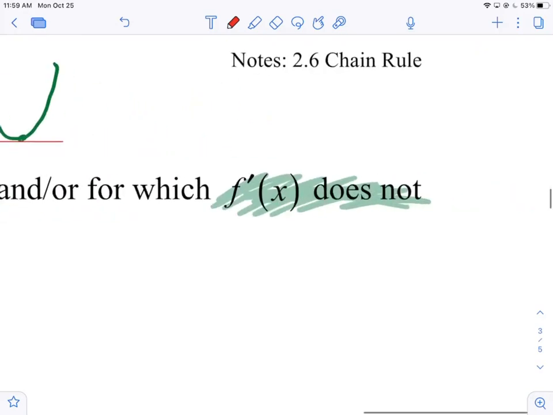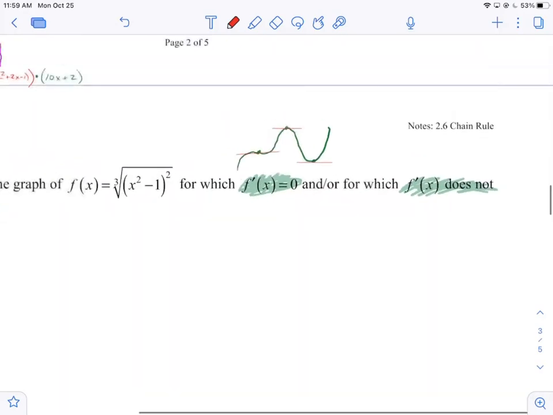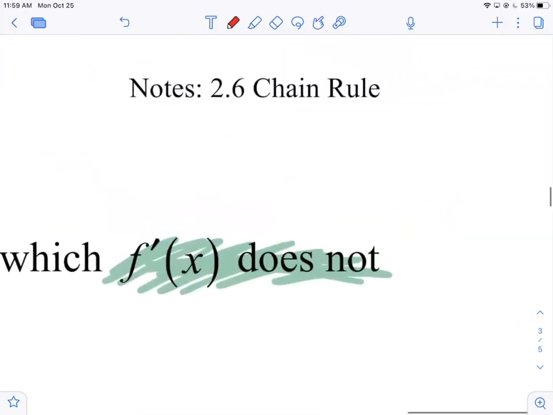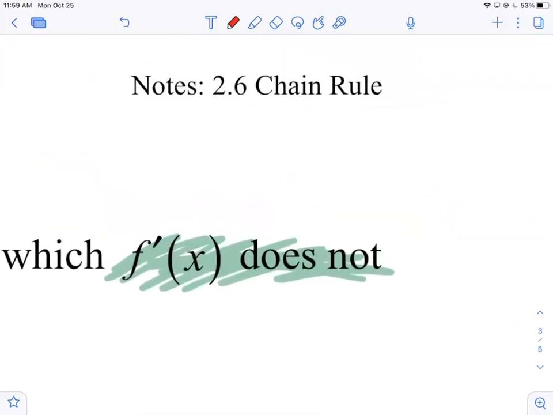Now, for which the derivative doesn't exist, there's going to be a lot of values if it's not in the domain, but mainly we're looking for something like this, like that, or like that, right? Now, these first and last don't exist because they're sharp turns.